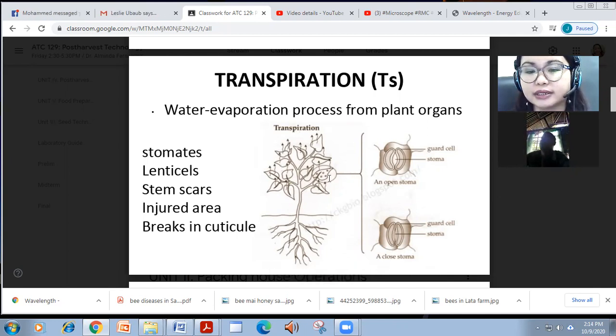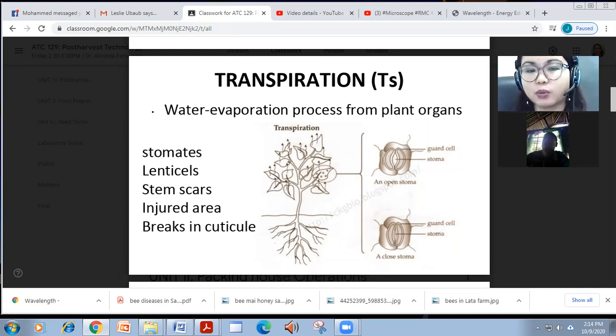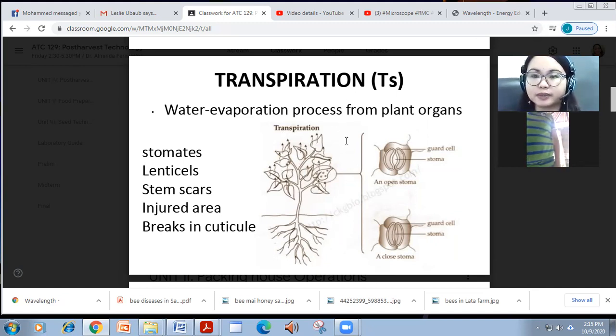The stomata are found all over the leaves, up and down. It contains the guard cells, which control the water evaporation process of plants. These are mainly in the stomates and lenticels, the stem scars, any injured area, or breaks in the cuticle.